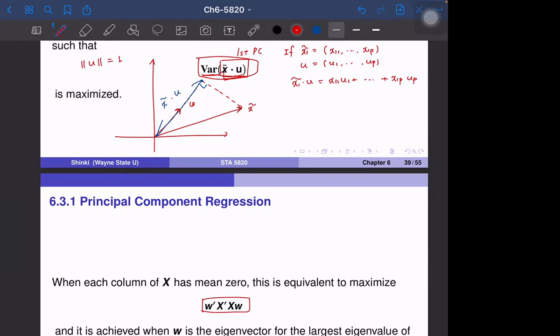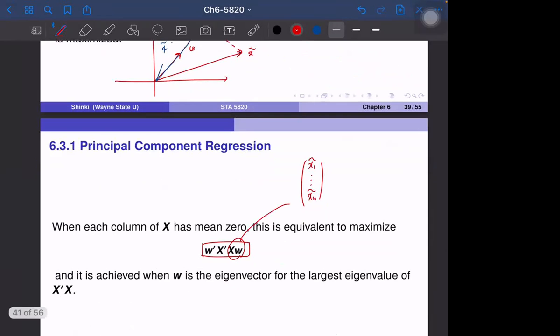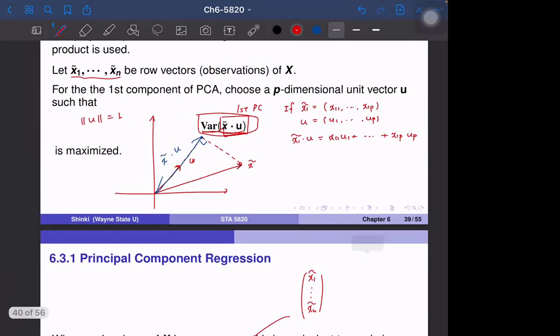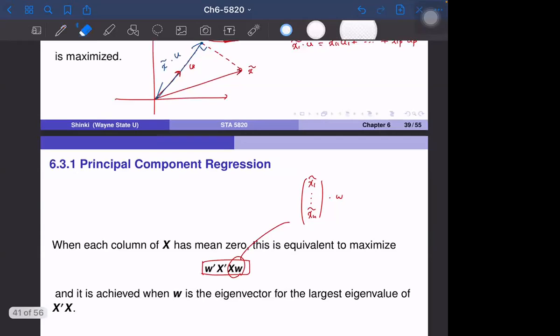So each row of x is x1 tilde up to xn tilde. Sorry, maybe u becomes w. So the first component is x1 tilde times w, the inner product of x1 tilde and w.